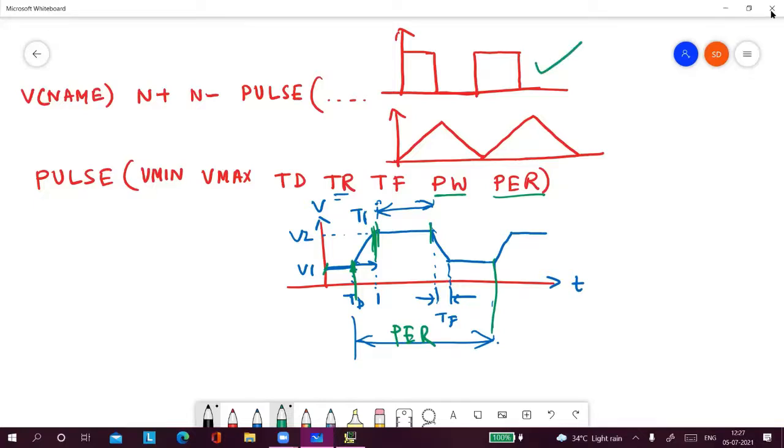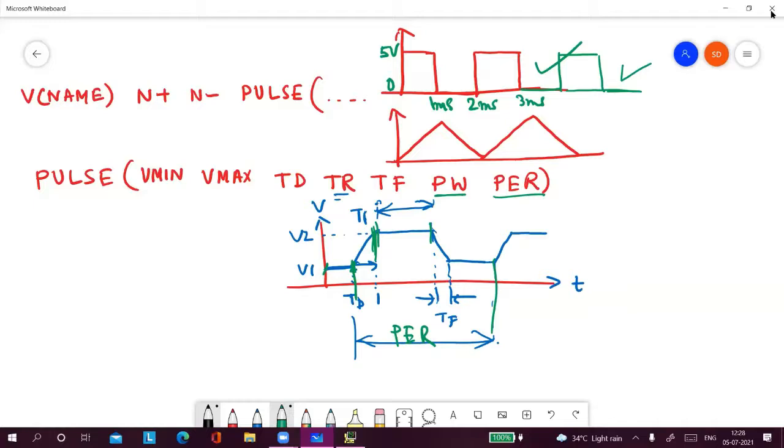Let us say, for example, this is 0, this is 5 volt, and say this is 1 millisecond, and this is 2 milliseconds. This is 3 milliseconds, and so on. It is continuous. How to generate this one?